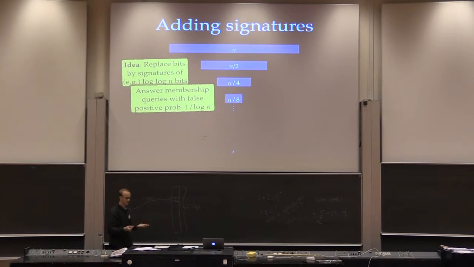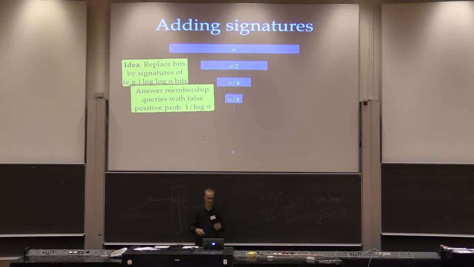But if you check against a signature of log n bits, for example, the probability that you have the same signature as whatever key is stored there is only going to be 1 over log n, unless, of course, you are searching for the key that's stored there. So using basically the same structure, just with signatures, we can get these approximate membership queries with small error probability. The space is going to be bigger than Bloom filters, but the time is going to be constant, independent of the error.